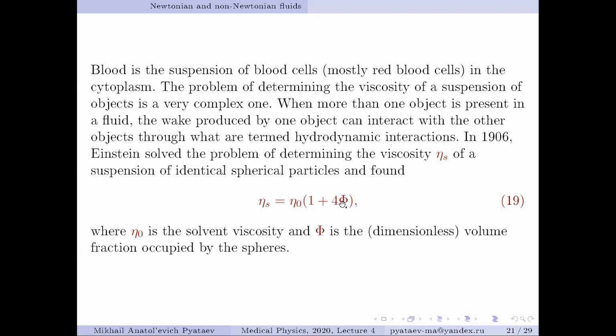So if this volume part equals, for example, 1/2, then viscosity becomes 3 times more, the liquid becomes 3 times more viscous than it was without spheres.